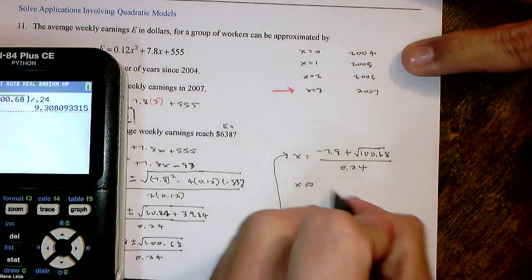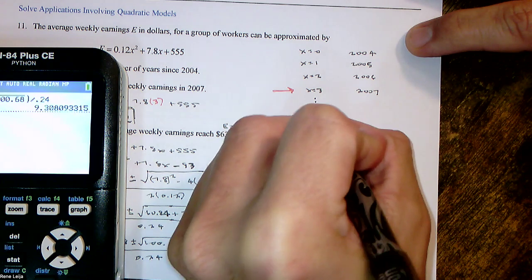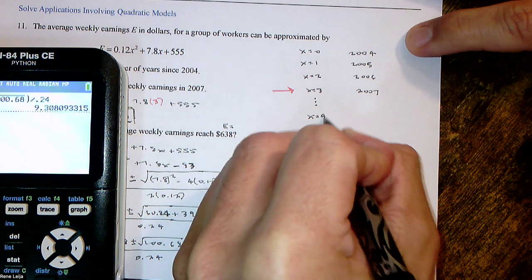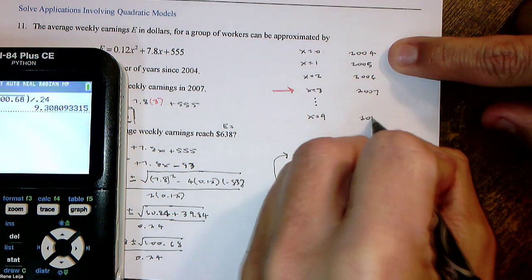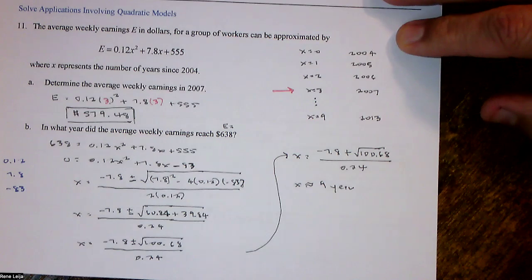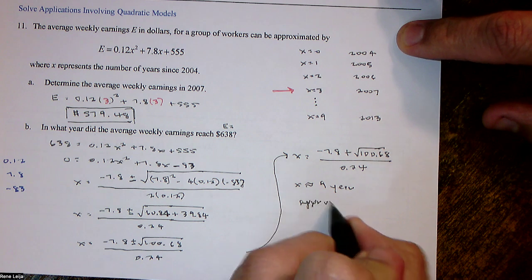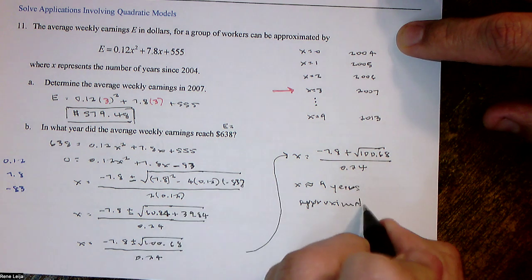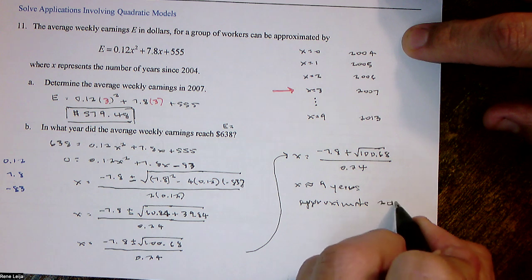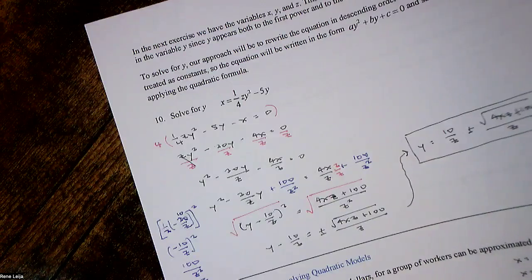We're closer to 9 years. What is the year at x equals 9? That would be 2013. So we're going to say approximately 2013. That would be the year.